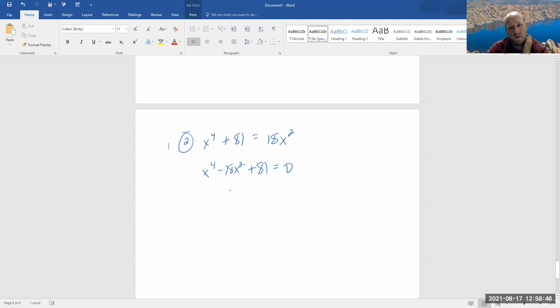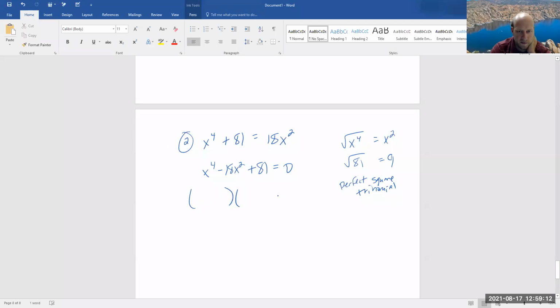Now, what I can do is this is actually a perfect square trinomial, right? Because I know that the square root of x to the fourth is x squared, and I know the square root of 81 is 9. So this is a perfect square trinomial. And so what does that mean?